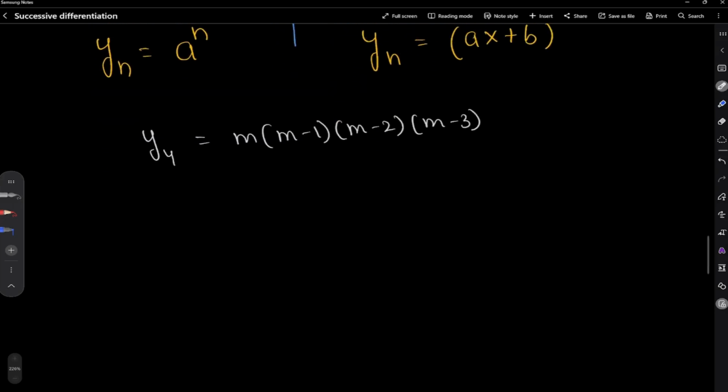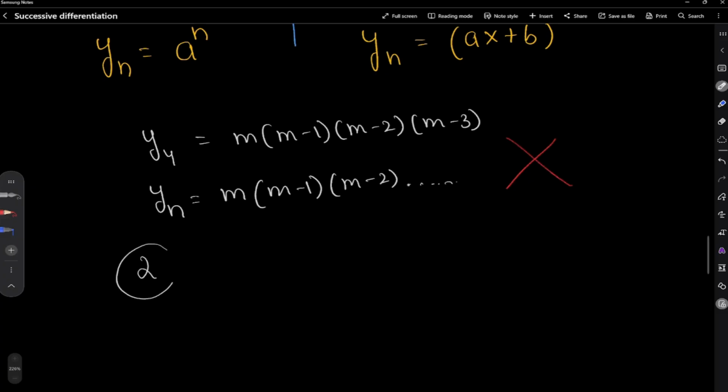If I want to find the general equation for this term, it will just be m, m minus 1, m minus 2, dot dot till whatever nth term I have. But if I write this, it will be absolutely wrong, and I'll give you 2 reasons why.